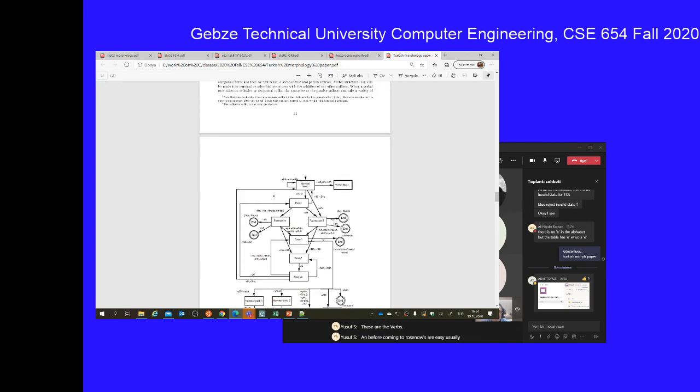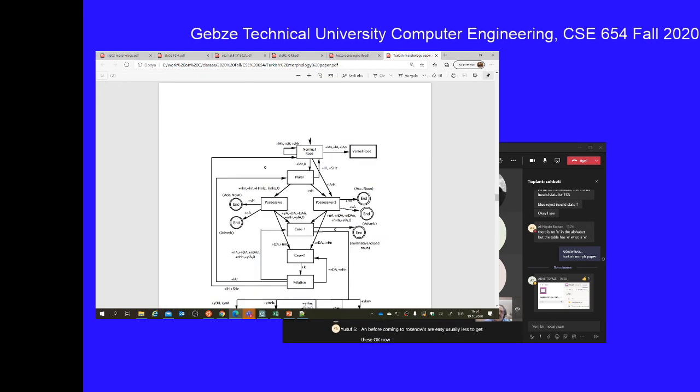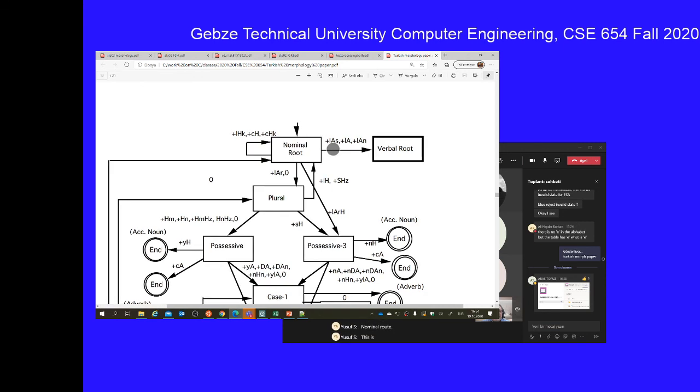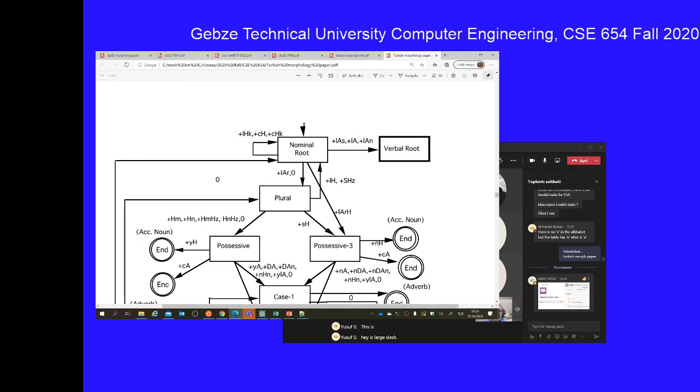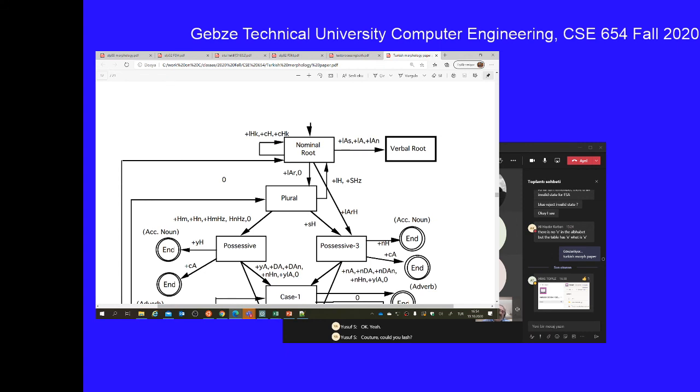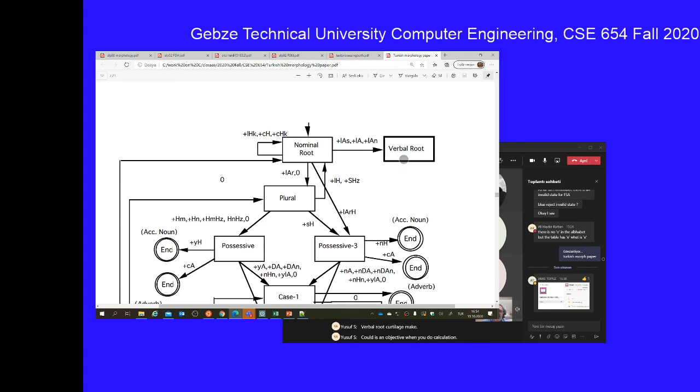Let's look at these. Okay, noun. Nominal root. This is A is laş, leş. Kötü, kötüleş. Verbal root. Kötüleşmek. Kötü is an adjective. When you do kötüleş, it becomes a verb.